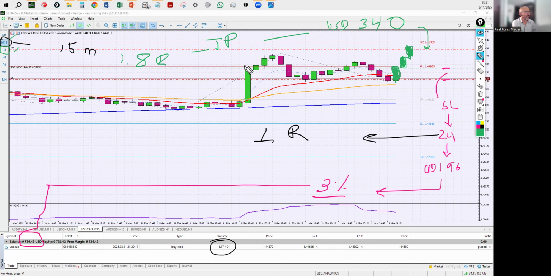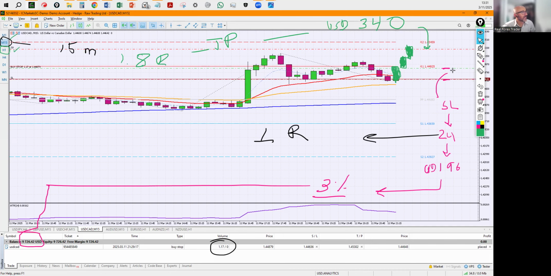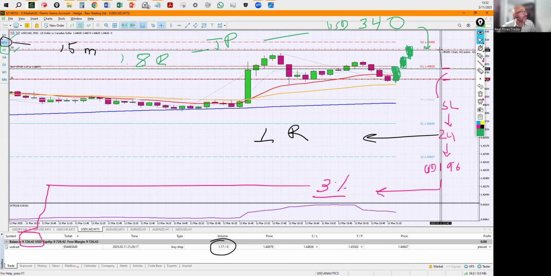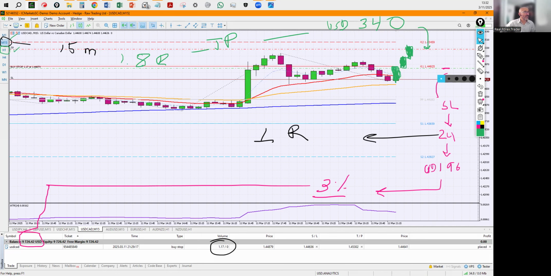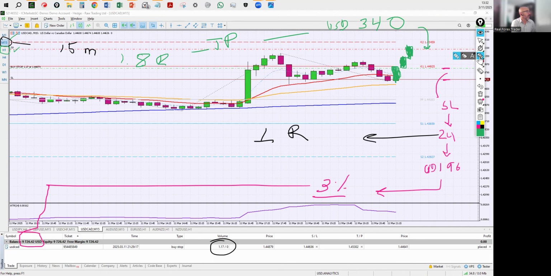And this is what? In pips means that I collected from my entry point to there 43 pips, right? So those are 43 pips, right?